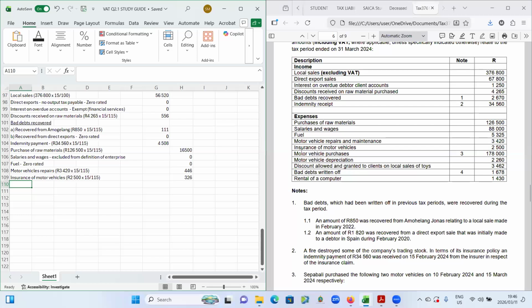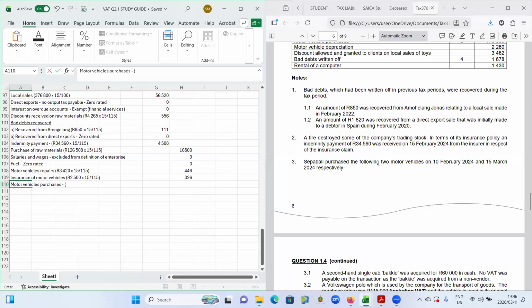Then insurance of motor vehicle purchases. Motor vehicle purchases. Before we go there, there's a note number 3.